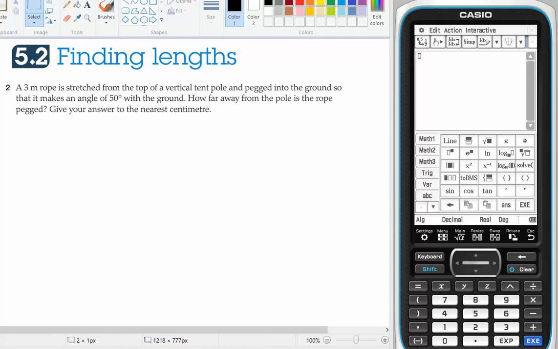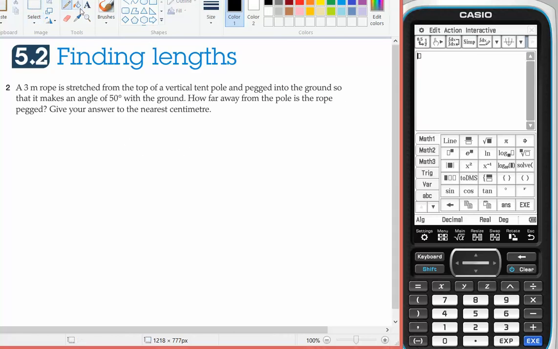Okay, so what does this look like? I've got a tent. So I've got this tent, and the tent has a vertical pole.